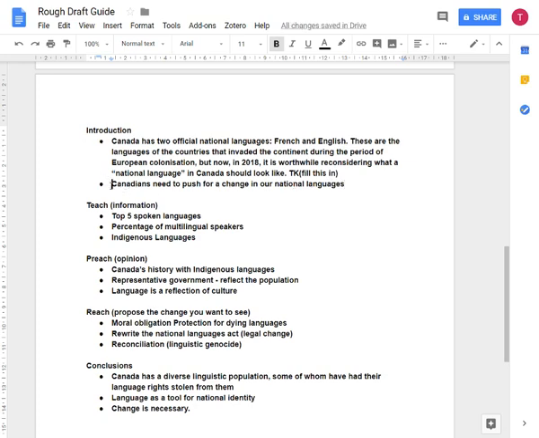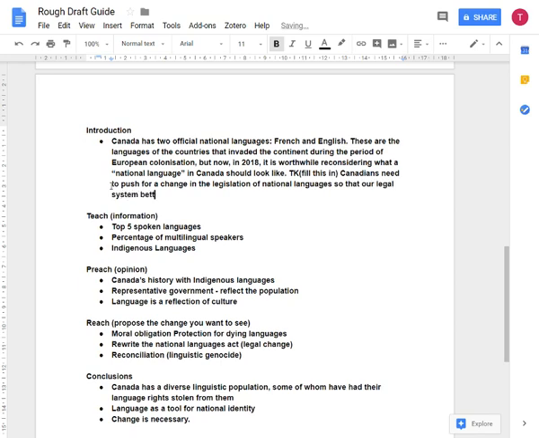Canadians need to push for a change in our national languages in the legislation, the law, of national languages, so that our legal system better reflects the population.